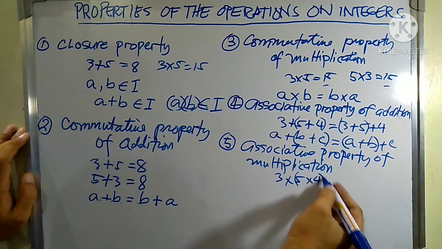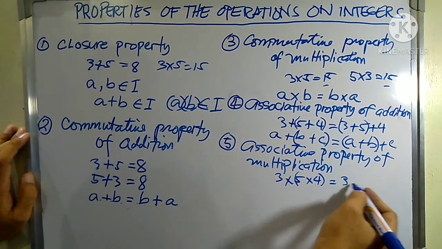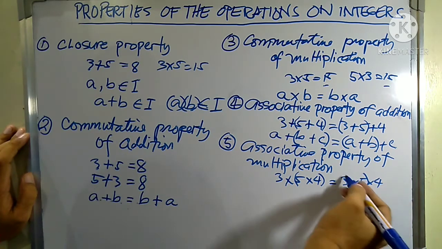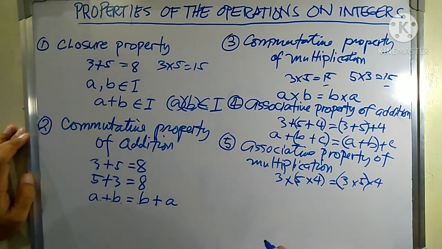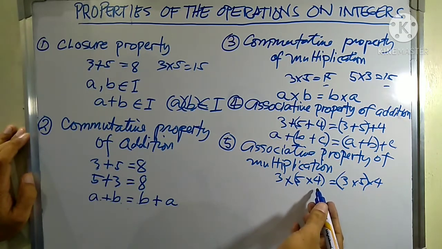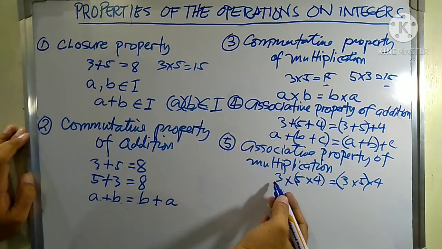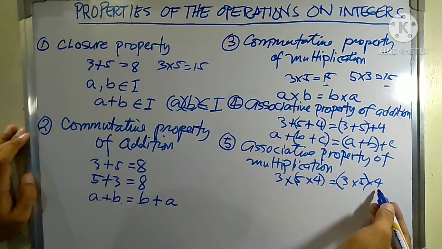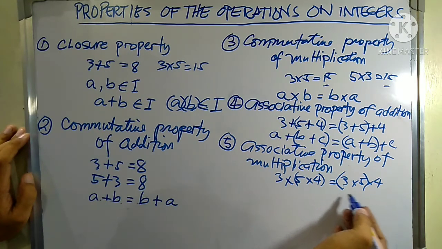Associate 5 and 4, or associate 3 and 5. Solve first inside the parentheses. 5 times 4, 20. Times 3, 60. 3 times 5, 15. Times 4, 60. 60 equals 60.